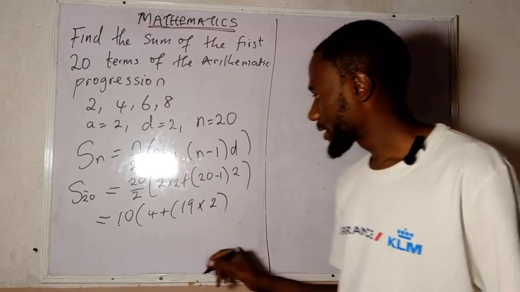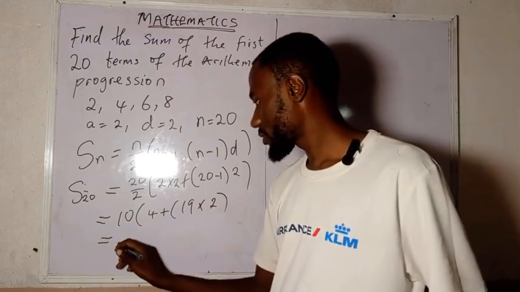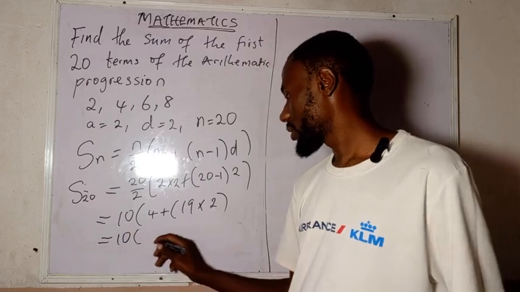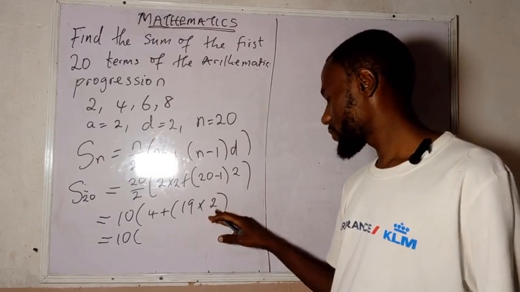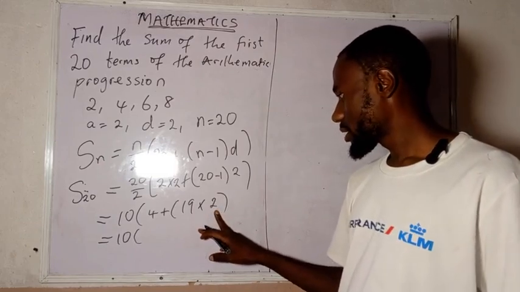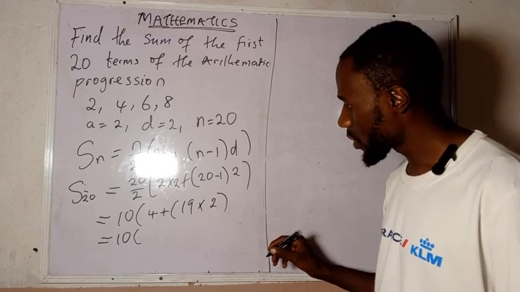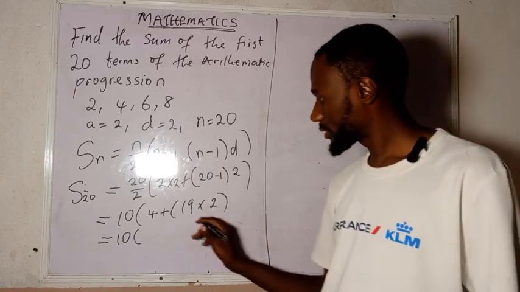Okay, then this is equal to 10 into 4 plus 19 times 2. 19 times 2 is 38.